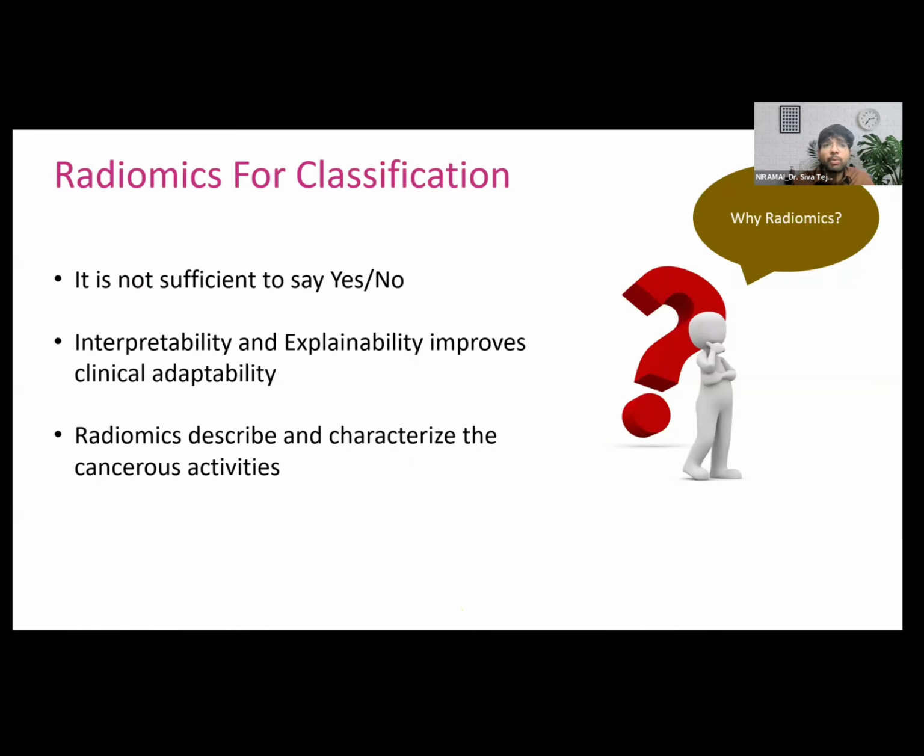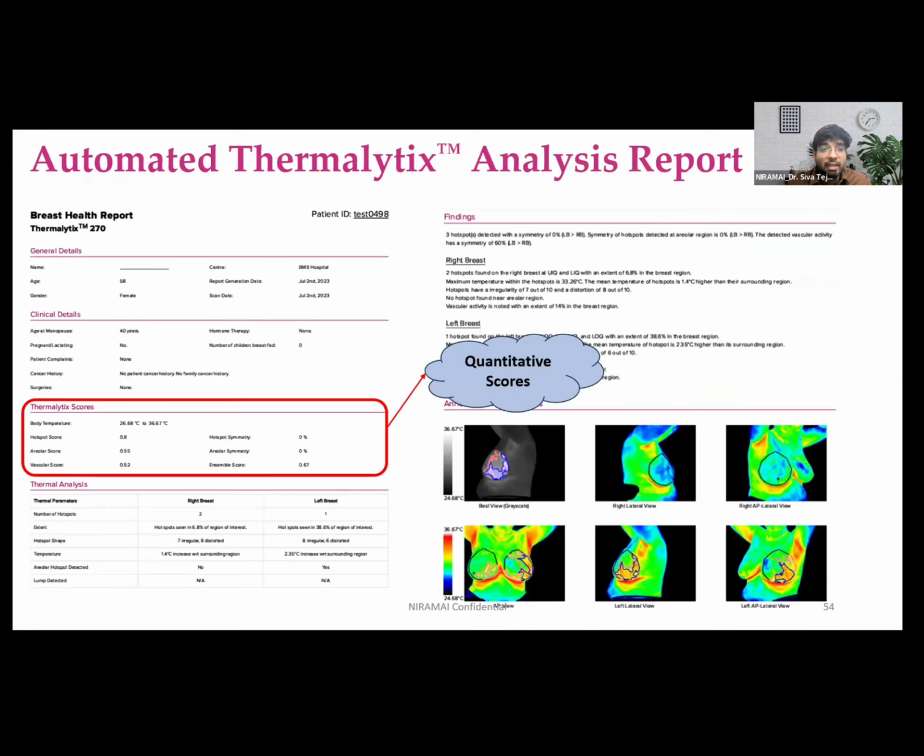And as Dr. Geeta has pointed out, instead of simply giving a black box, yes or no answer, we wanted interpretability and explainability. We have utilized the vascular features, which Dr. Geeta has covered, and different radiomics to characterize the cancerous activities. And a detailed report, how it looks, is this.